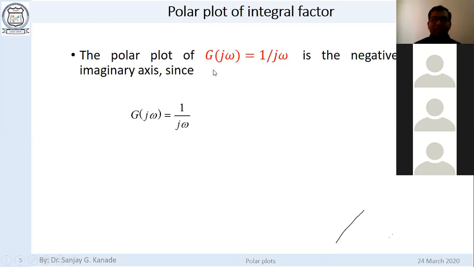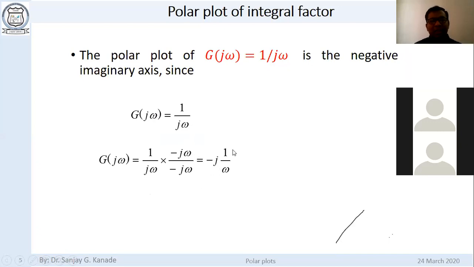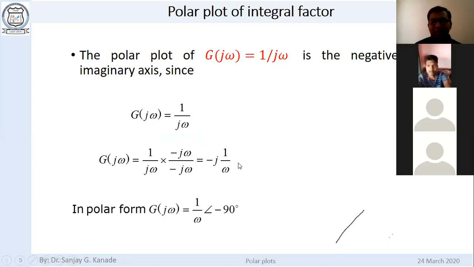If we multiply and divide by minus j omega, we get minus j times 1 upon omega. In polar form, the magnitude is 1 upon omega and the phase angle is minus 90 degrees.